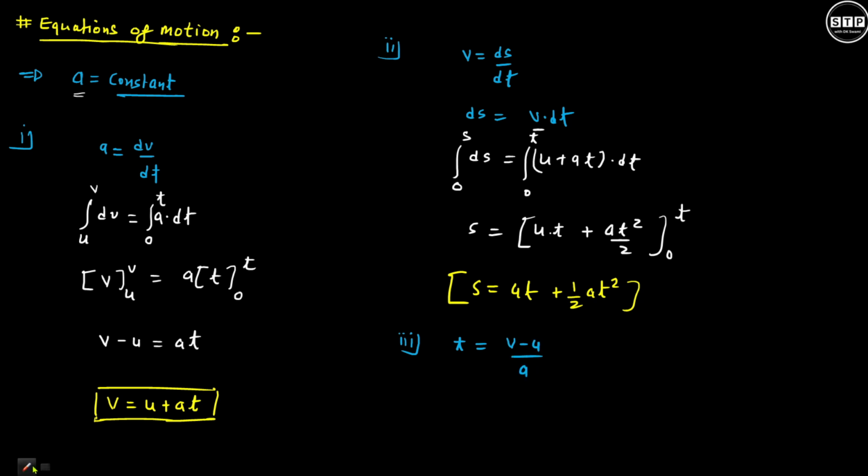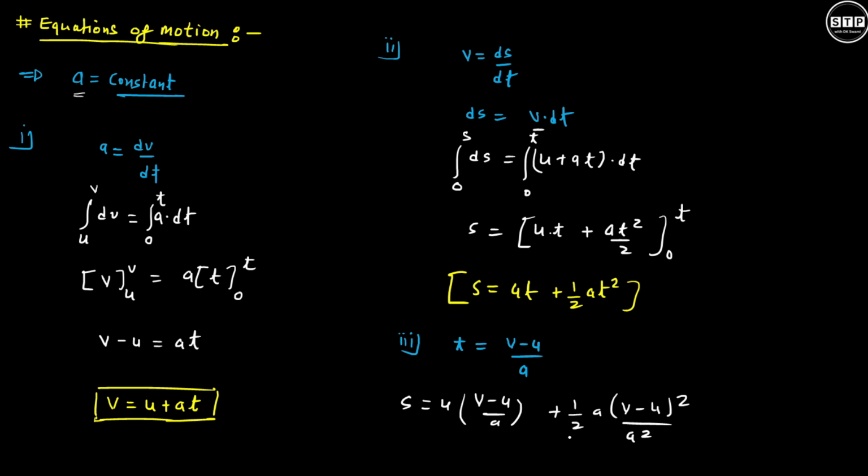If I substitute this value, s will be equal to u multiplied by v minus u divided by a, plus half a times v minus u whole square divided by a square.